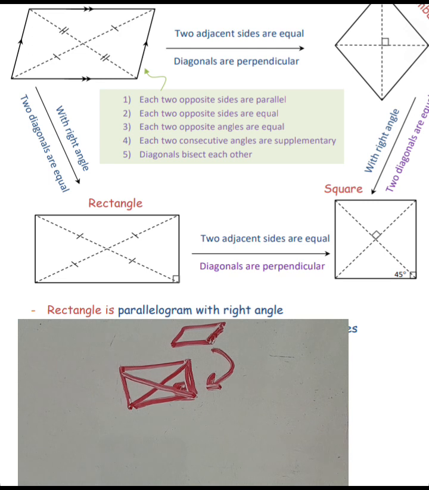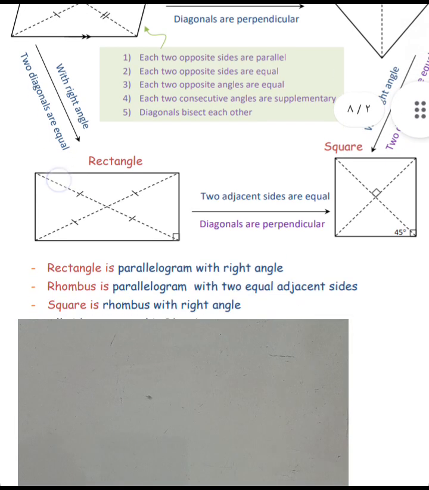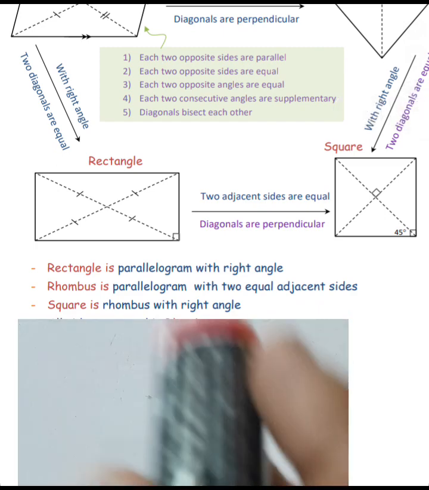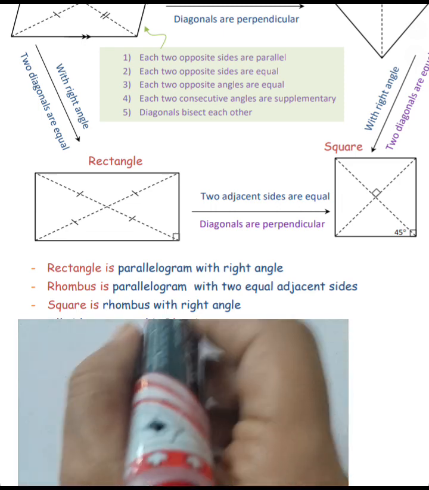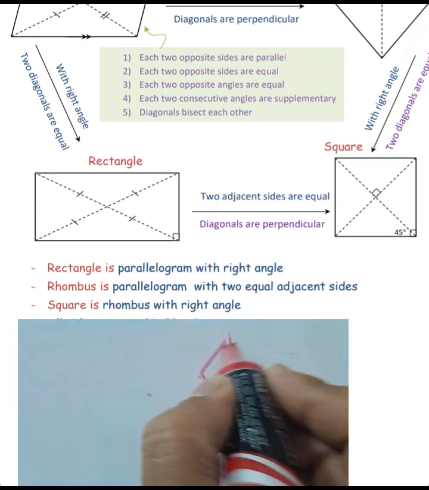A rectangle is a parallelogram with a right angle, or a parallelogram whose diagonals are perpendicular to be a rhombus.